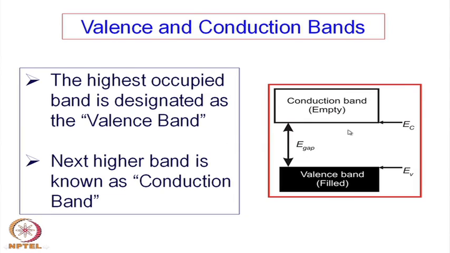Anyway, with that we also should define what the valence band and conduction band are. These are the two terms which we extensively use whenever we talk about electronic conduction in semiconductors particularly, or even in metals and insulators. Ultimately, the concept of valence band and conduction band is most important. The definition of valence band is that the highest occupied band is designated as the valence band.